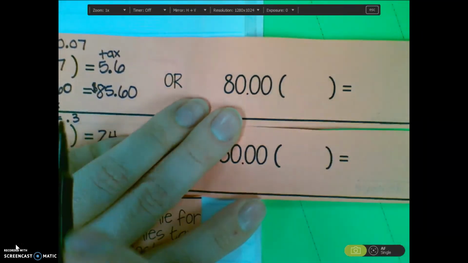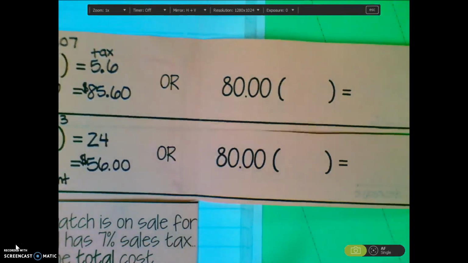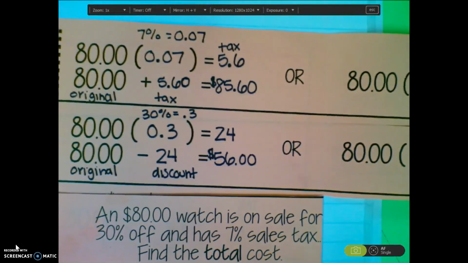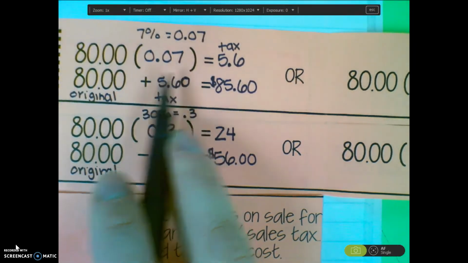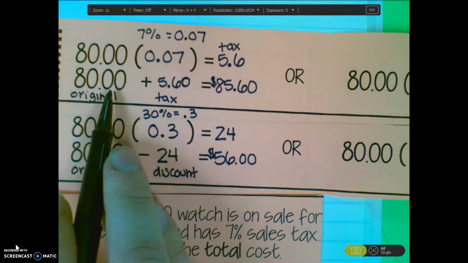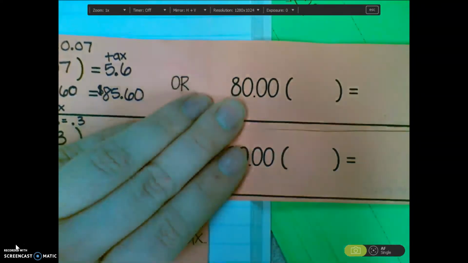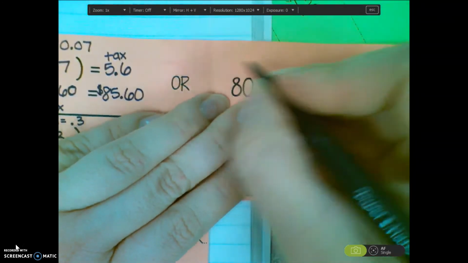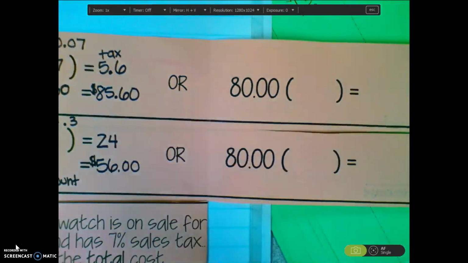If you notice what we did initially, we did our 80 times 7, we were taking 7% of 80, and then we added that number onto the original price. So when we look at the percents, how we can do this in one step is we can think about what percent are we now paying at the very end when we get to that 85.60.